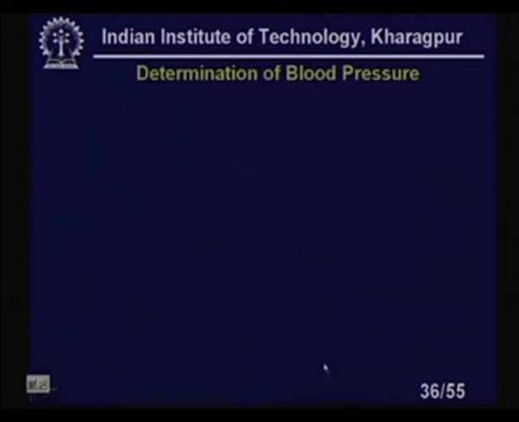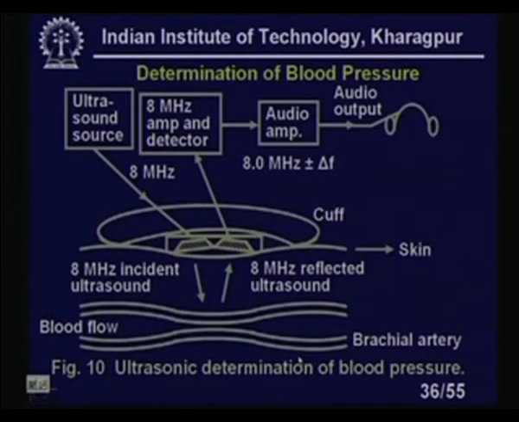Determination of blood pressure: how will the blood pressure be determined? You see, these are typical diagrams of ultrasonic determination of blood pressure. Here you will find I have an ultrasound sensor, and this is the blood flow, and we have an 8 megahertz detector also.